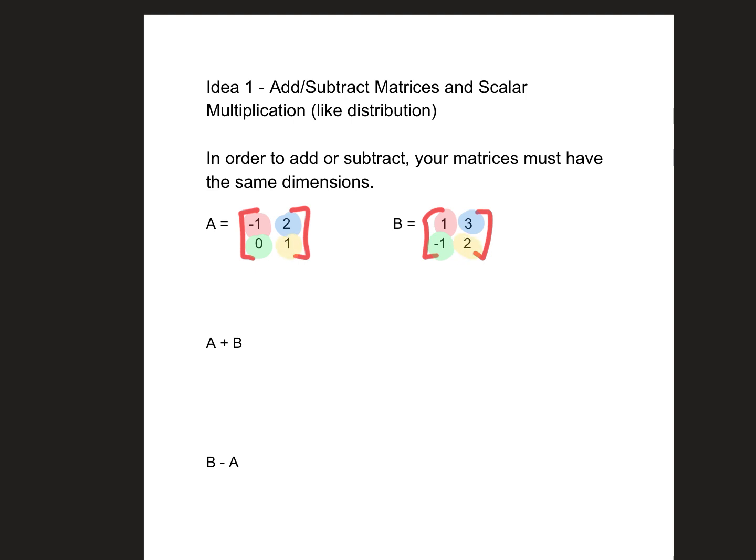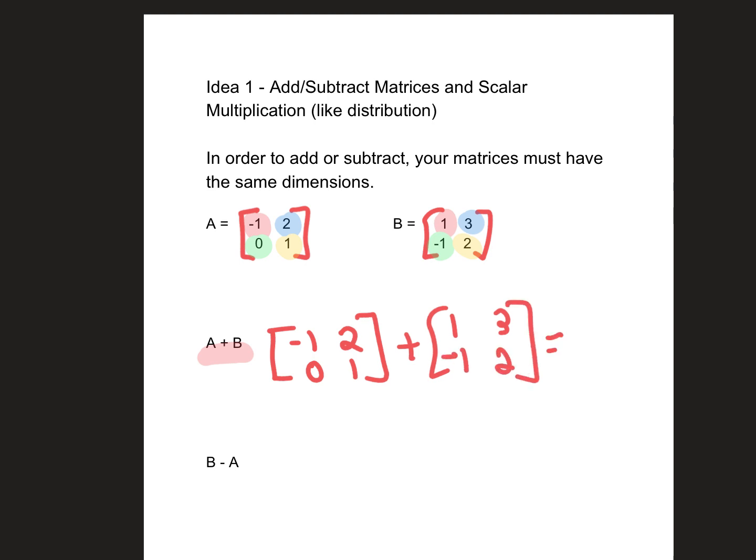First thing we're going to do down here is A plus B. So if we're doing A plus B, that means we're taking our matrix -1, 2, 0, 1, and we are adding it to the matrix 1, 3, -1, 2.